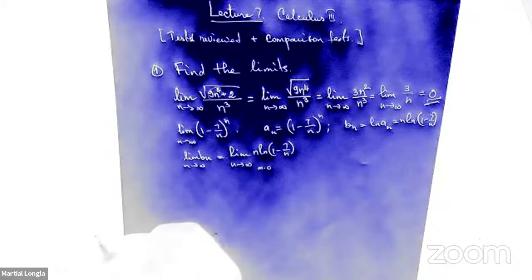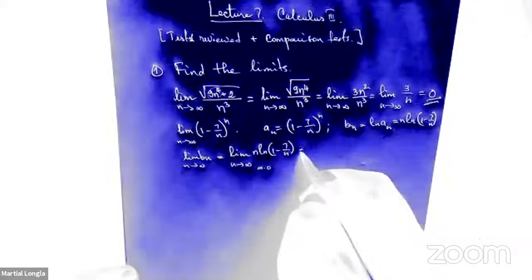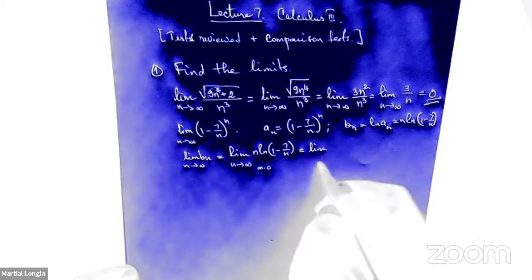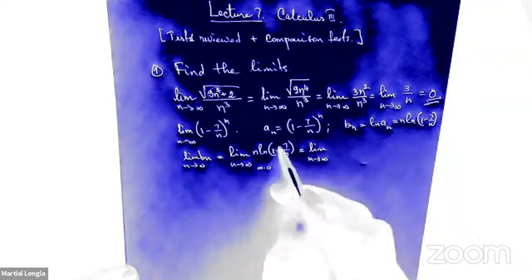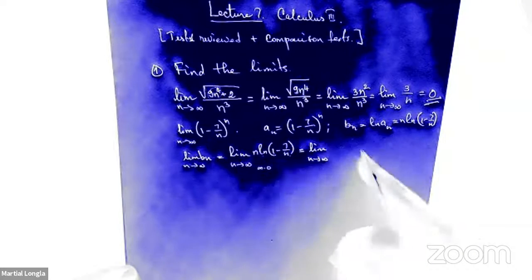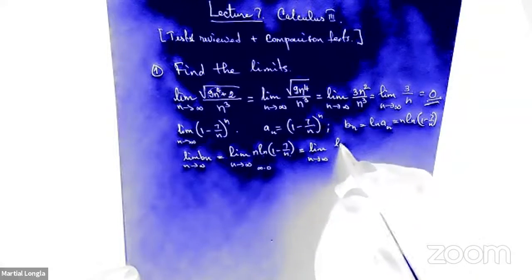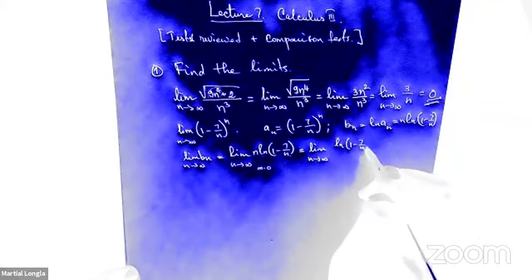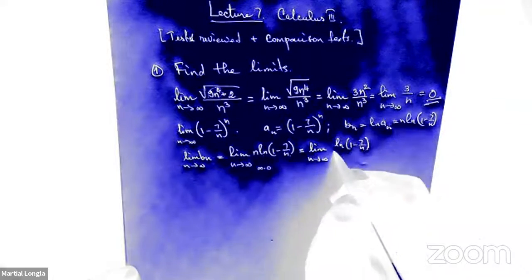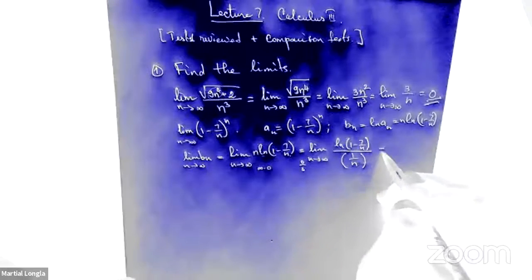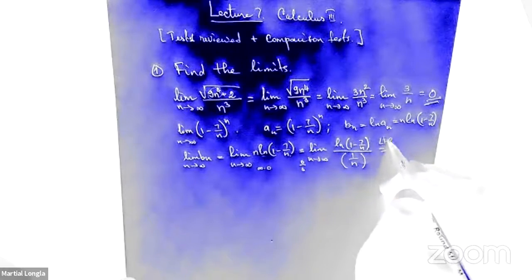That's undefined. Therefore, the rule says multiply that second one by the inverse of the first one. So that's natural log of 1 minus 7 over n. So you use L'Hopital's rule.